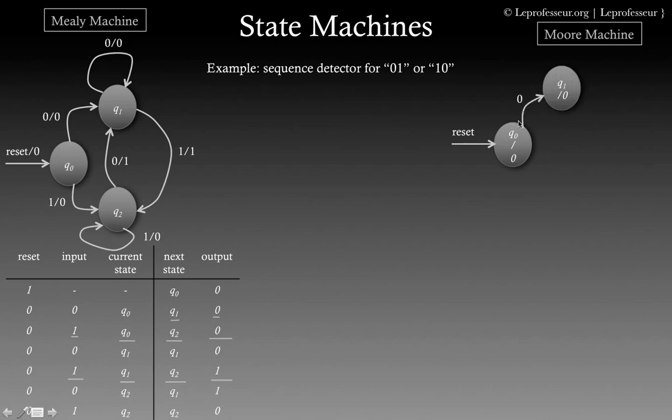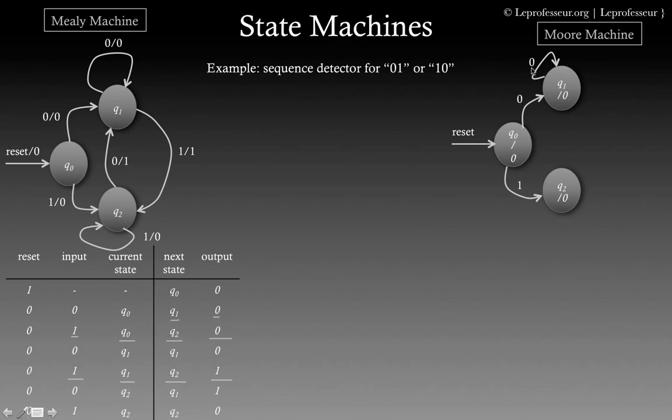Now let's say we get 0 on the input, so we move on to the next state Q1 and we output 0 because we have not detected the sequence yet. Or from the Q0 state we might get an input 1 and we move to the Q2 state and we output 0 because we have not detected the sequence yet. Now what happens if we are in Q1 state and we receive 0?